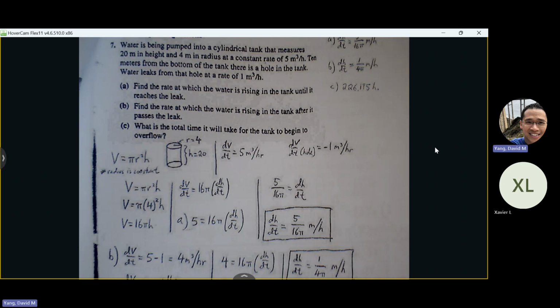Let's see. We have a problem like this where it passes the leak and where it overflows and all that. No, this is more of an AP type problem, but let me see here.